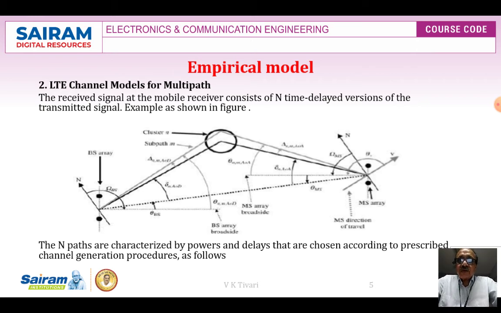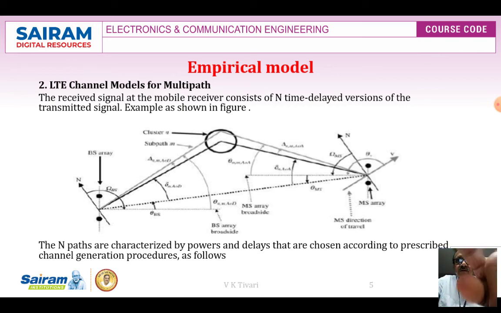In this figure you can understand we have the mobile subscriber direction, the MS, and a cluster of subpaths, where the main path is this one.